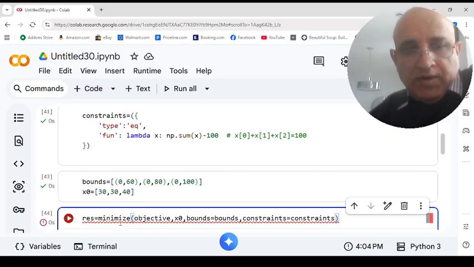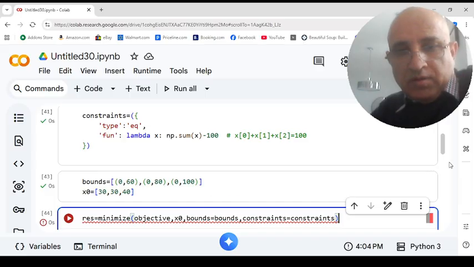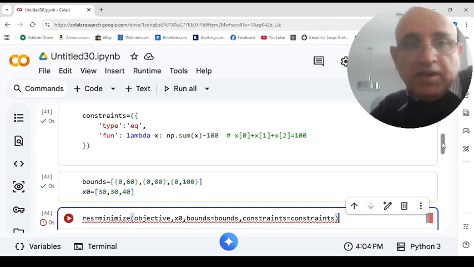Okay, minimize, objective, bounds, constraints. Let me check.